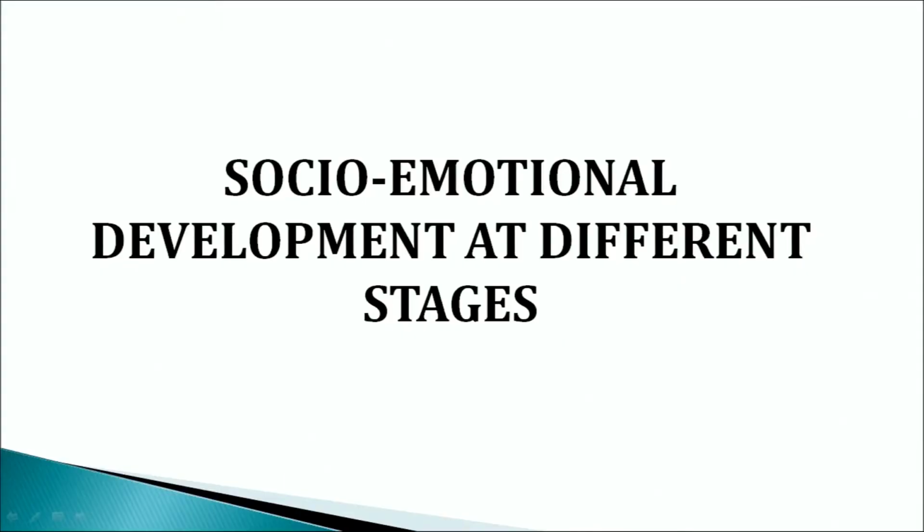Gender differences in expression of different emotions might also vary. It is very important to know that socio-emotional development takes place at different stages. Let's understand how the socio-emotional development takes place in different stages differently.